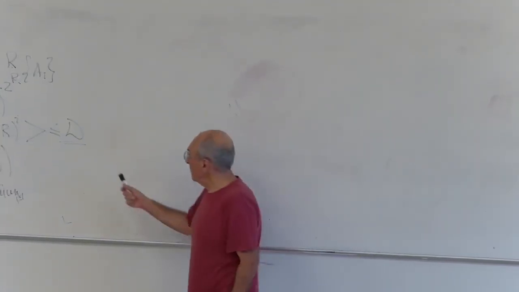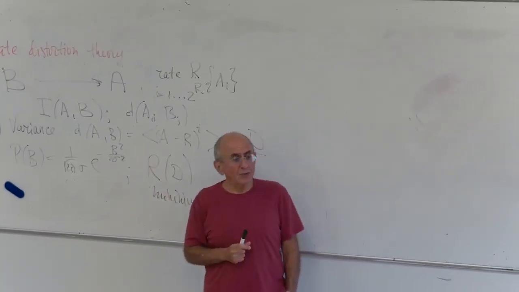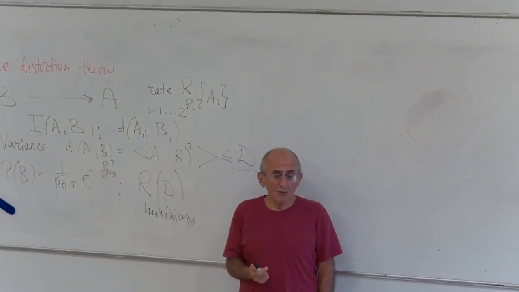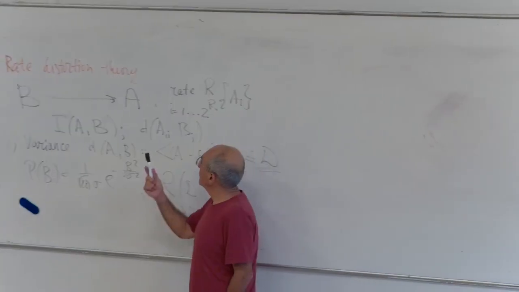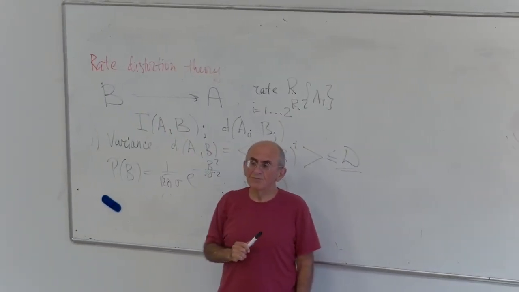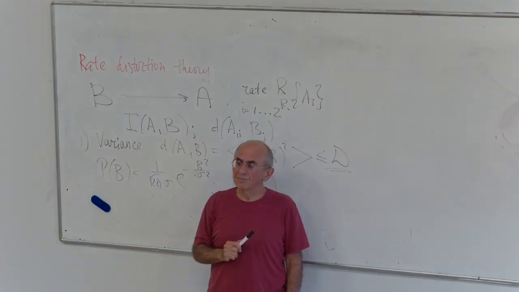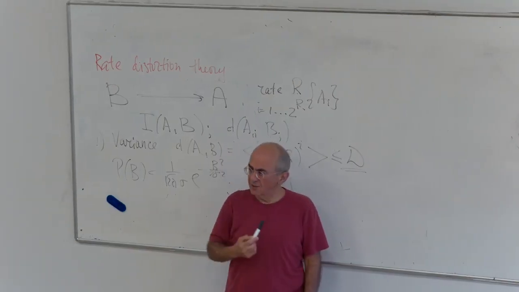You set a variance in this case, and then you ask what is actually the rate of transfer of information from B to A. Capacity is a maximum of the rate.